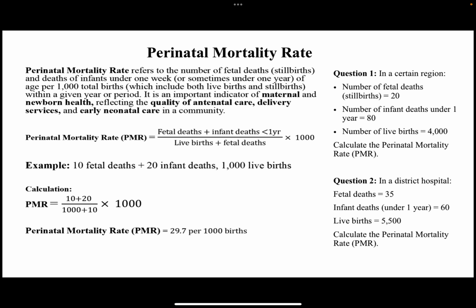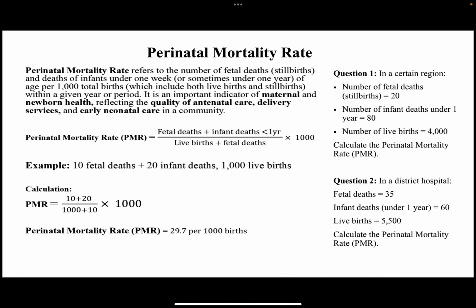The fetal death plus the infant death all over the live birth plus the fetal death, then you multiply by 1,000. Okay, that's the formula.